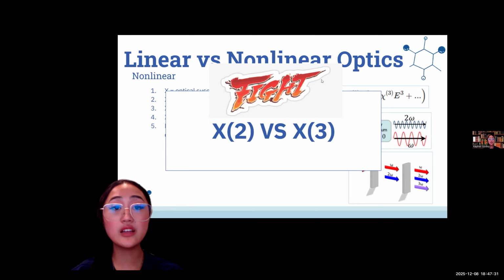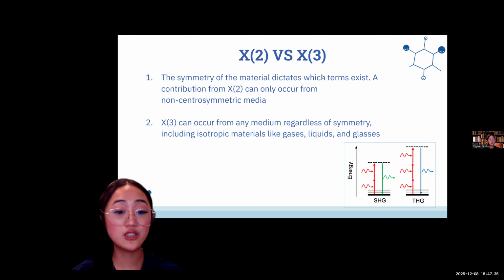We're now going to compare Chi2 and Chi3. These are higher order terms. Chi2 is second order and Chi3 is third order, and so on and so forth. We'll call those Chi-n. These are all nonlinear responses, and they are the terms responsible for the presence of new frequency components.